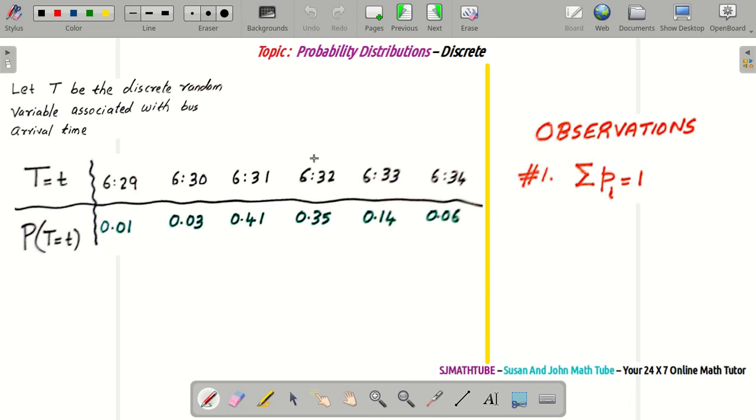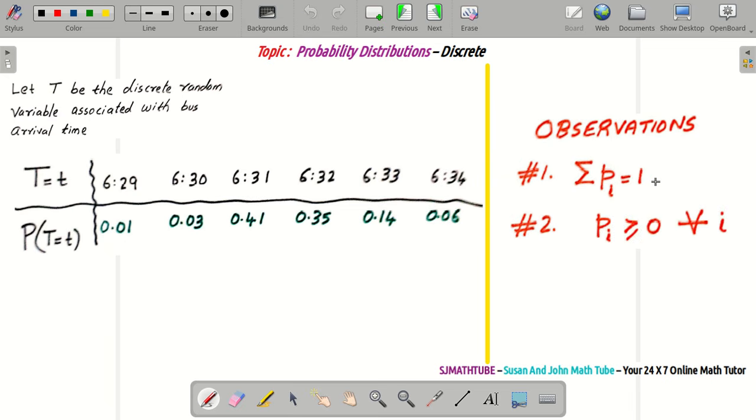So if you add all the probability values, let it be any probability distribution function, the sum will be equal to 1. And the next observation, I'm sure when you learned probability in high school, you learned that probability is a non-negative value. The value always lies between 0 and 1 inclusive. So these values can never ever be negative.